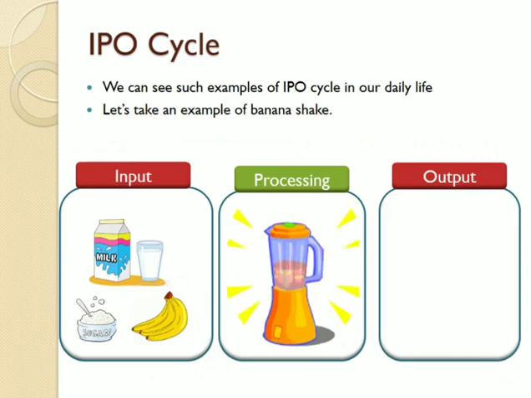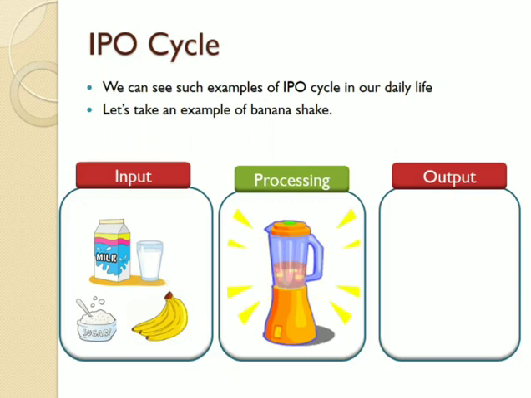Now let's take an example to learn the IPO cycle. We can see such an example of the IPO cycle in our daily life. Let's take the example of a banana shake. Here we need milk, bananas and sugar to make a banana shake.